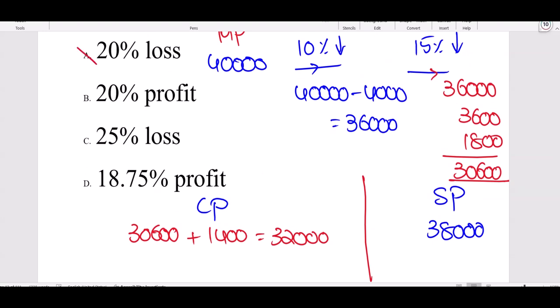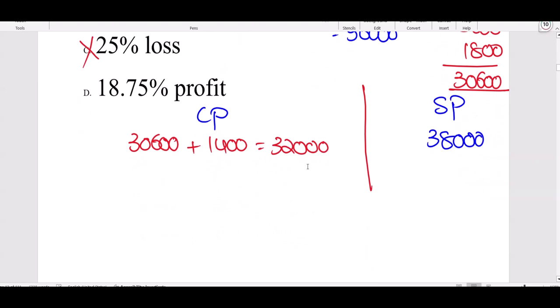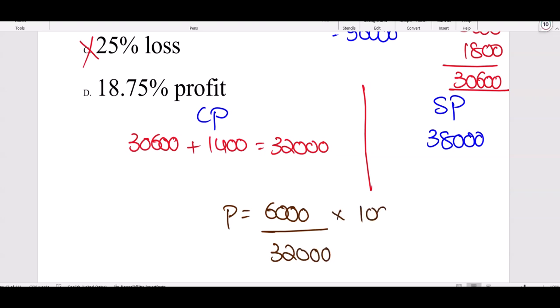So not A and C. It can be B or D. Now 32,000 becomes 38,000. What is the profit? Profit or loss is calculated with respect to cost price. So profit percentage is profit divided by cost price into 100.